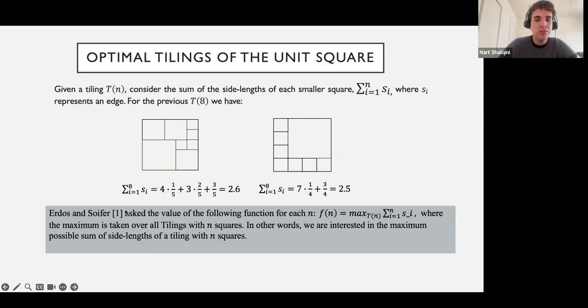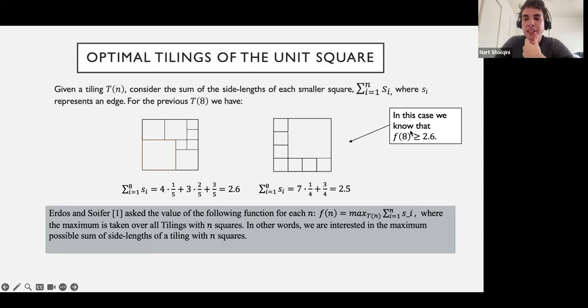So Erdos and Soifer asked the following question. Given n, if I consider all tilings of a unit square with n smaller squares, what is the maximum possible sum of the side lengths that I can obtain?